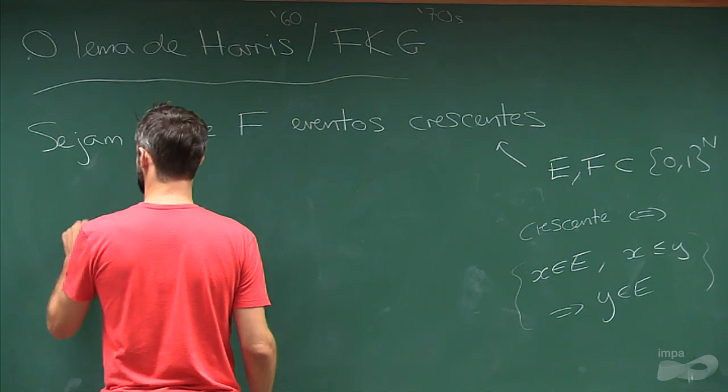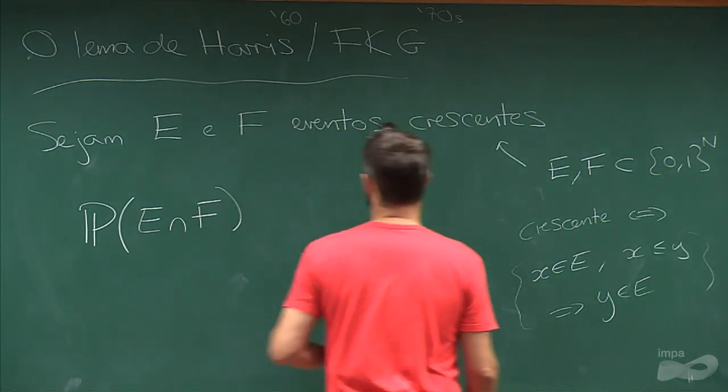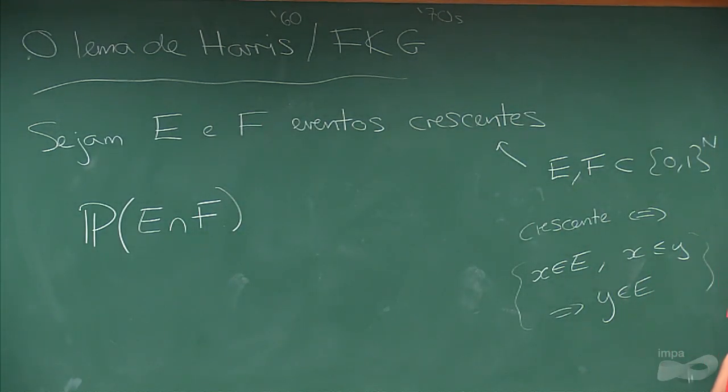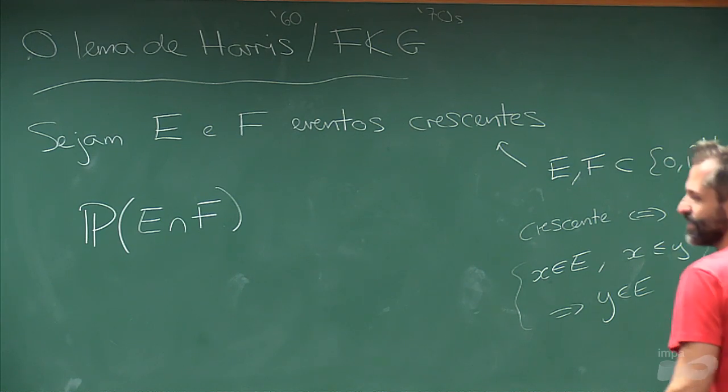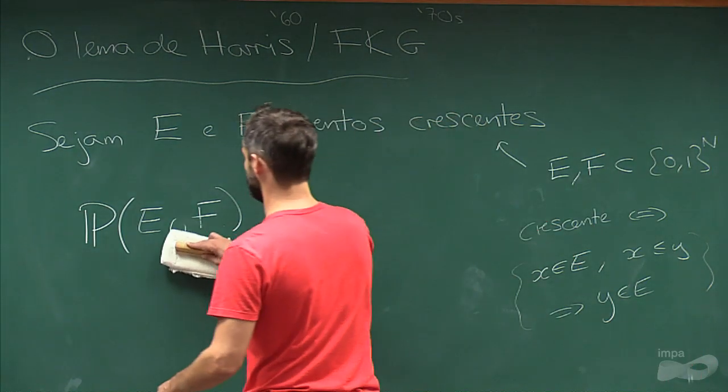Then the probability of E and F is what? What should it be? At least or at most what? What was the statement we used here? So perhaps I'll write it more in that form.